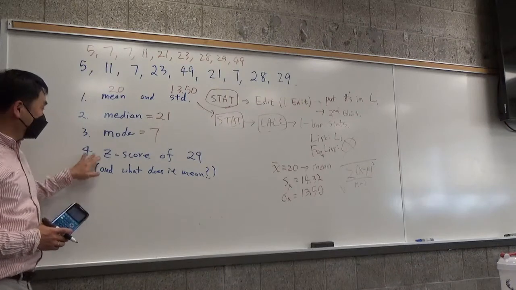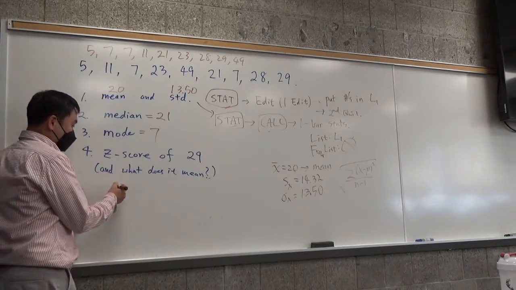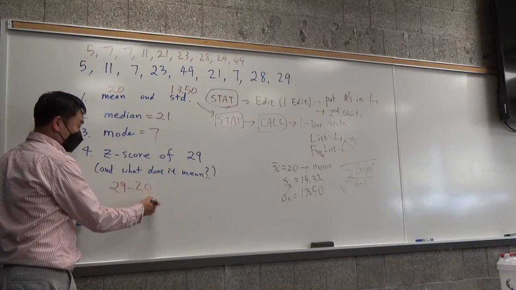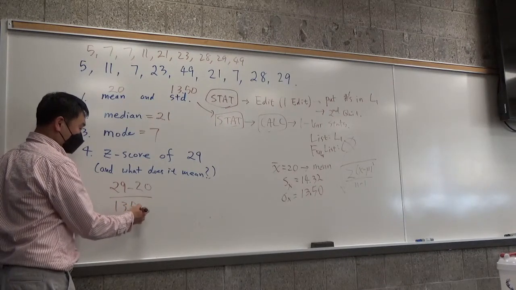Okay, and then z-score of 29. What do you do? So 29 minus 20, and you divide it by what? 13.50.